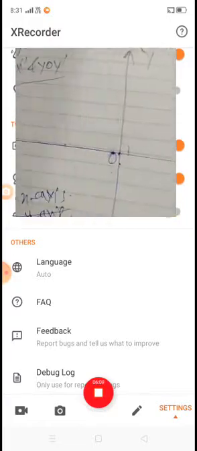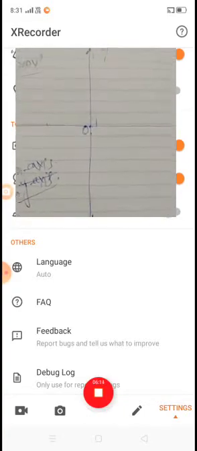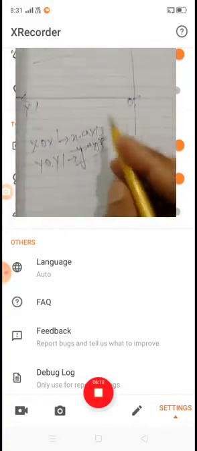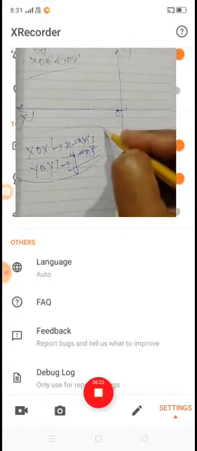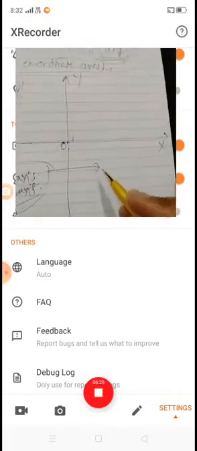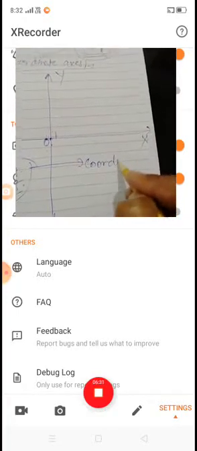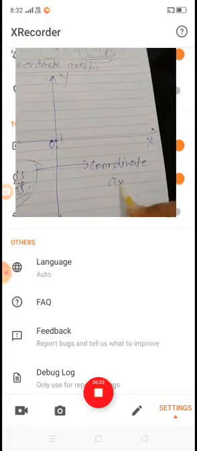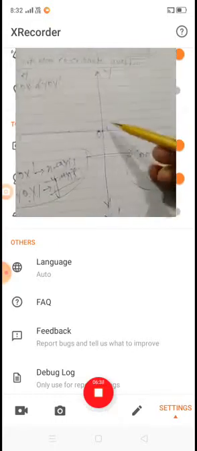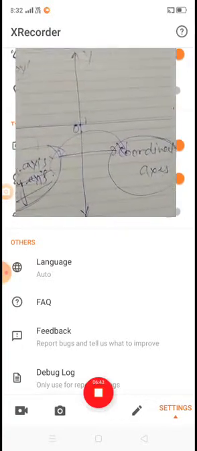And the two lines XOX dash and YOY dash taken together are called coordinate axes.